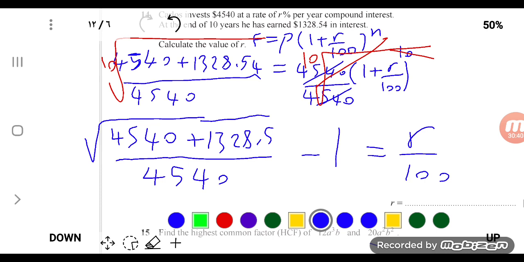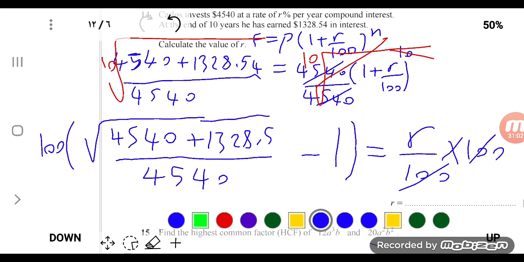Now you have to do the final step. Here you multiply both sides of the equation by 100. So multiply by 100 here and by 100 on the other side, so that you can cancel this 100 and this 100.